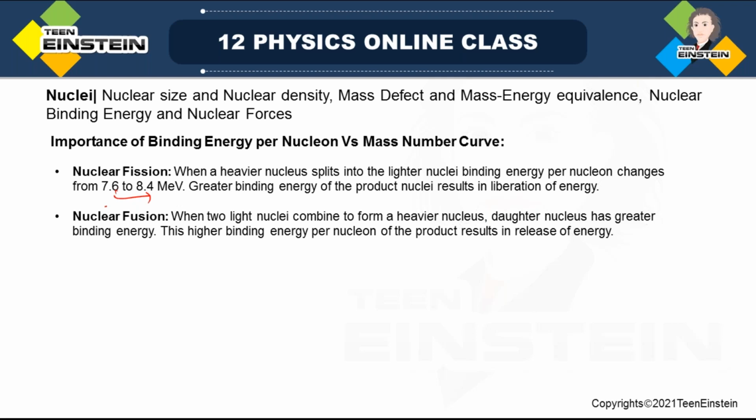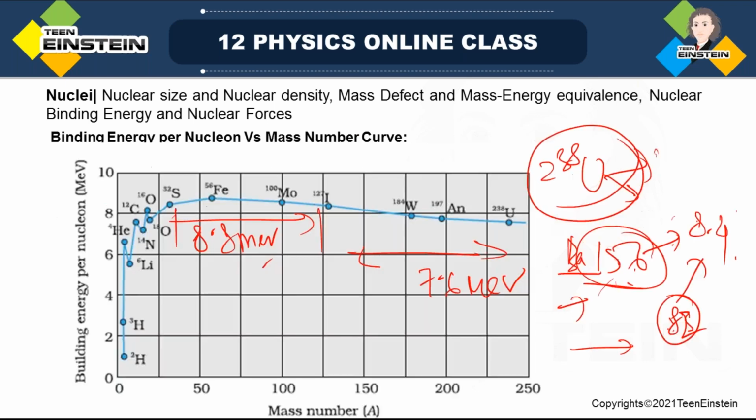When a heavier nucleus splits into two lighter nuclei with greater binding energy, that is the origin of the liberation of energy during fission. Now let us go to the fusion reaction.